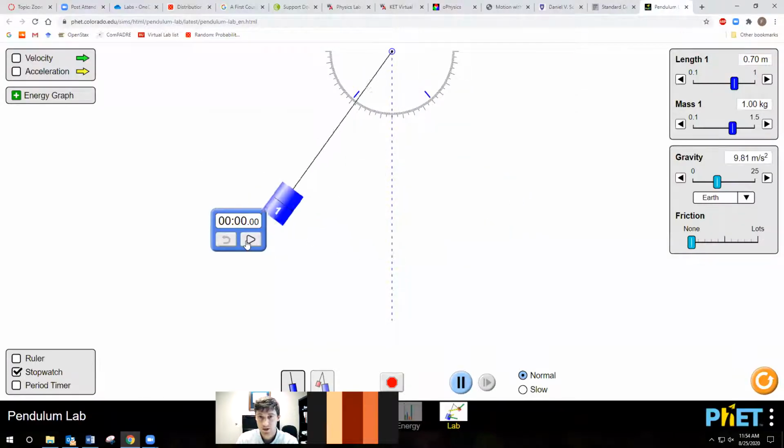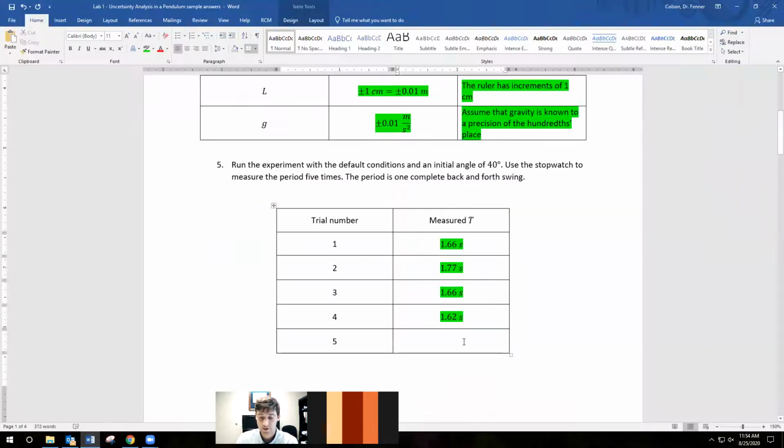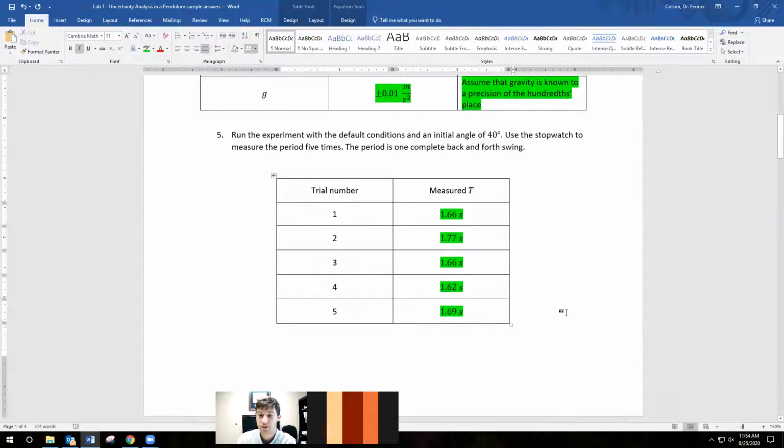I'll collect all the data so I can show you. And then my final data point, I got 1.69 for the period. So we've collected our 5 data points.